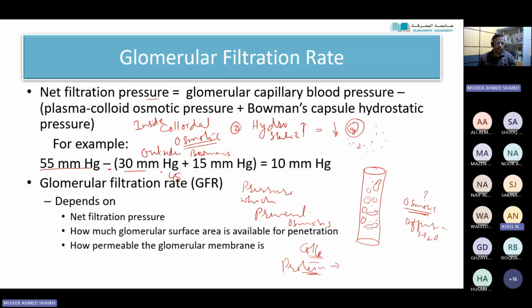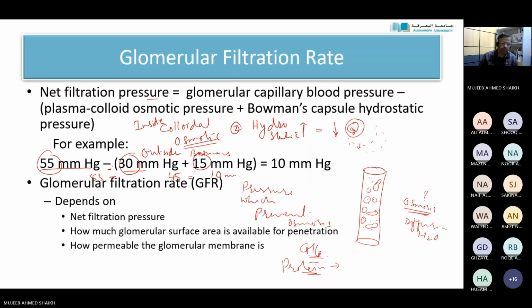Okay, 45. And here is 55 minus 45. How much? 10. So 10 millimeters of mercury is the net filtration pressure. The pressure which will cause filtration to occur is 10. But why is it coming 10? Because of 55 minus 30 plus 15. We will see what this 30, this 15 and this 55 are in the next slide.